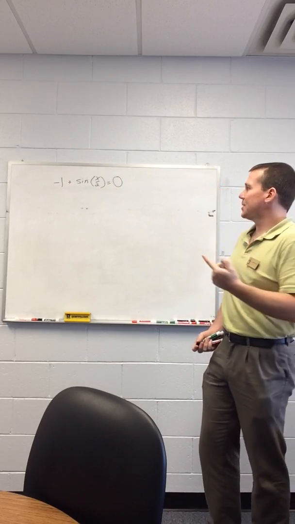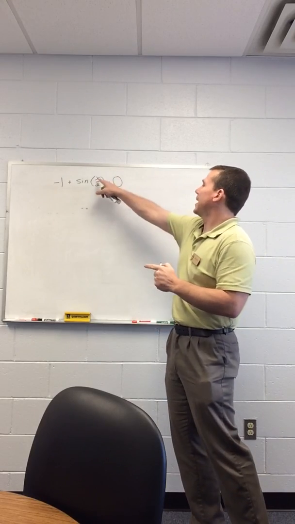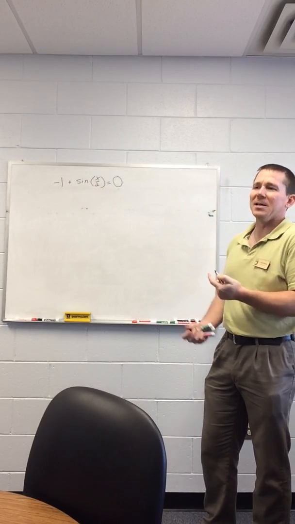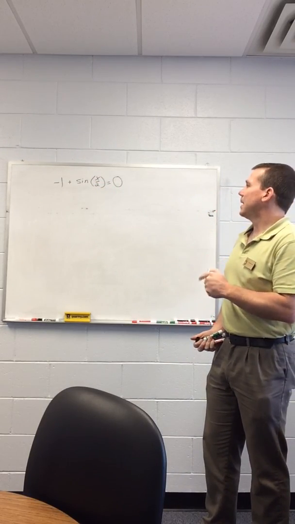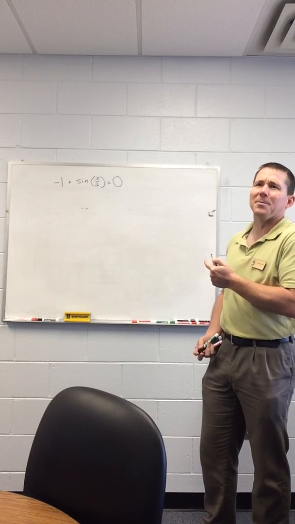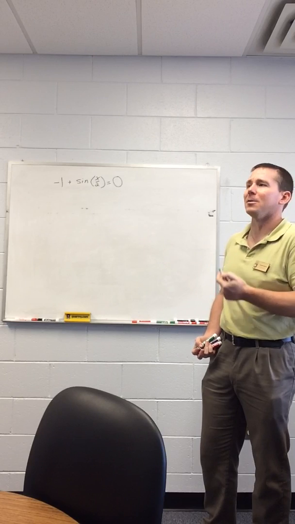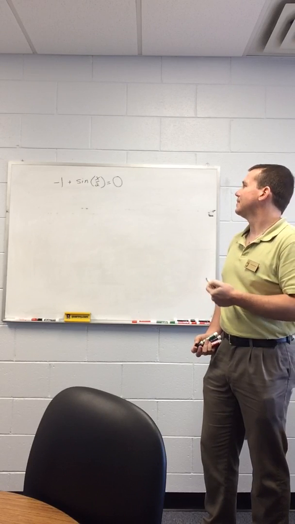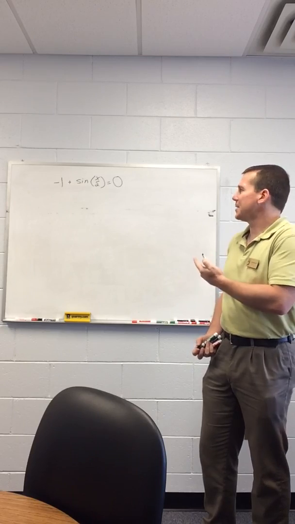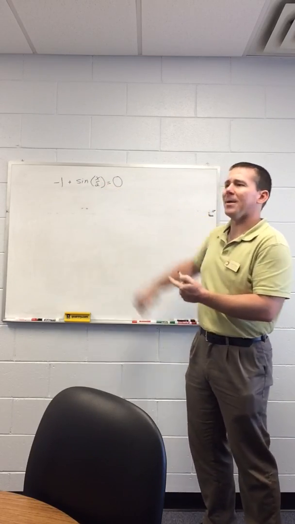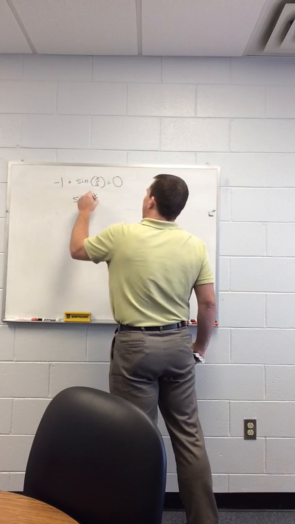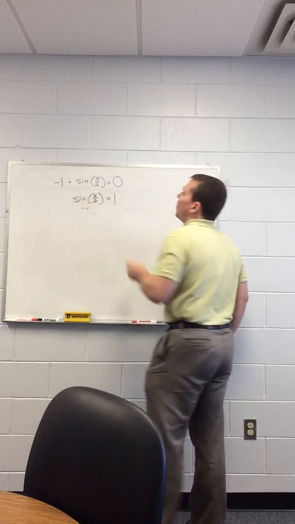The problem that occurs is, well, x is inside of the sine there, and we have to somehow deal with it. Generally speaking, if we remember from 171, if there's something that causes the problem, like a radical or an absolute value, you isolate it. So here that causes a problem, isolate it. So add the 1. You get sine of x over 2 equals 1.